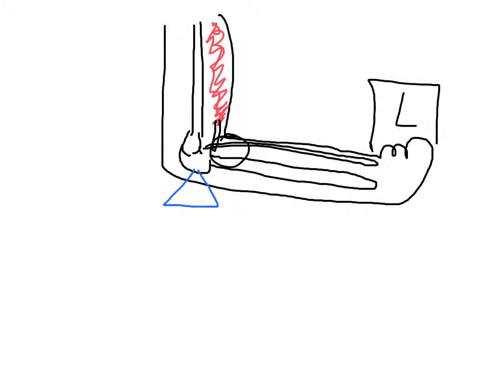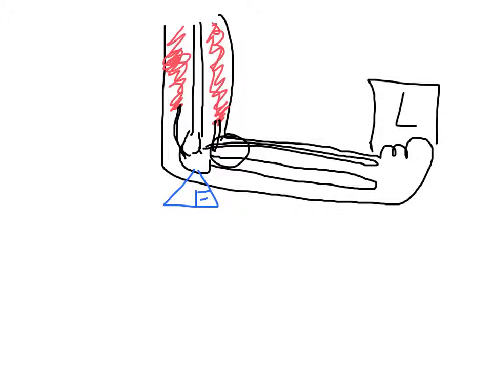The other muscle you have in your arm is your tricep, which is back here. And the tricep attaches at your elbow, at the back of it. So now with this one, I have my fulcrum still there, my load still here, but now my effort is over here. So this is actually a class 1 lever, because I've got my fulcrum separating my effort from my load.